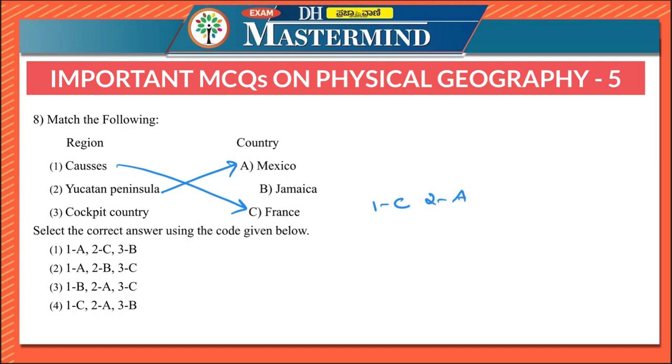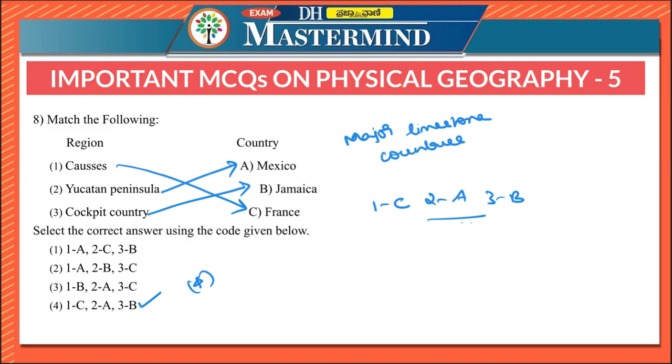Cockpit Country is found in Jamaica, 3B. So 1C, 2A, 3B, and option 4 is the correct option here. What are these? Causses, Yucatan Peninsula and Cockpit Country are some of the major limestone countries of the world.